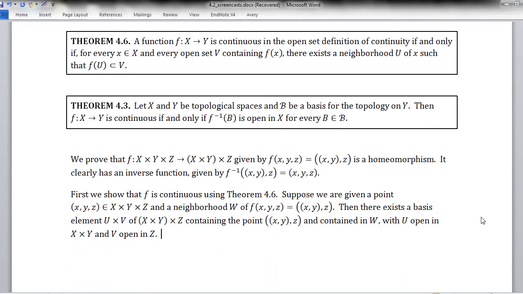Good. Well, what does it mean that U is open in X times Y? We can take this a step further.